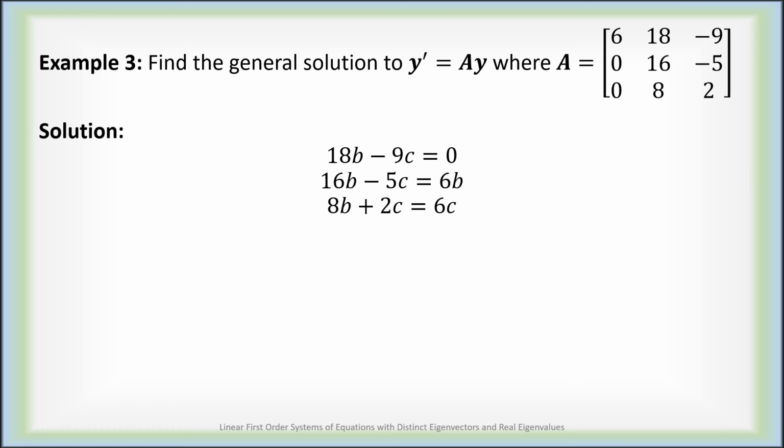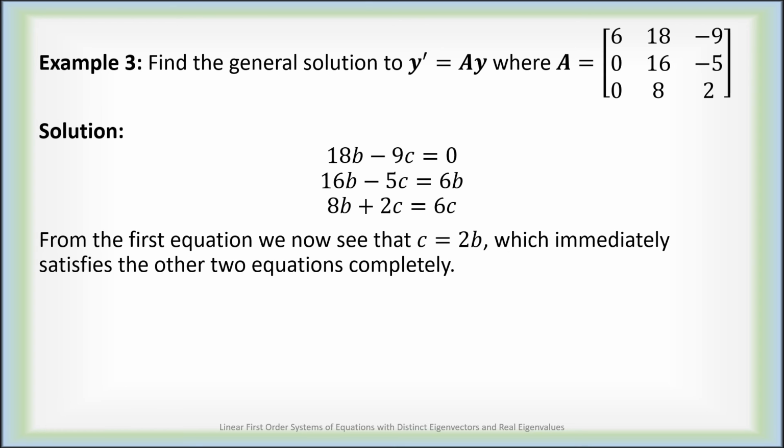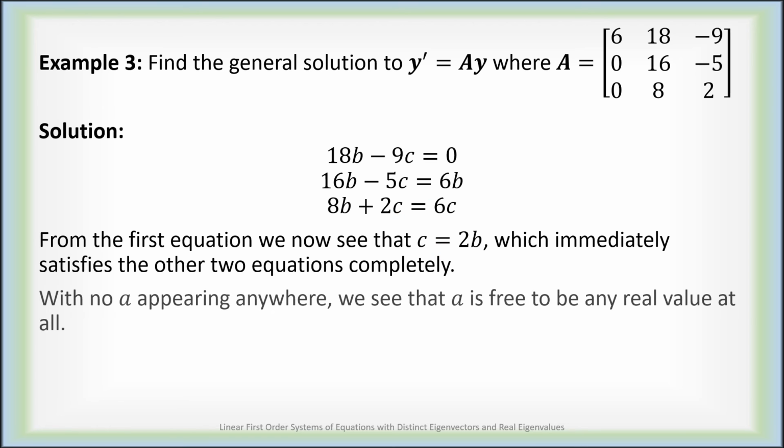Once we cancel the a's from both sides of that first equation, here are the three equations we have left. Now from the first equation, we immediately see that c must equal 2b. Once you take the knowledge that c is equal to 2b, both of the other equations are automatically satisfied as well. So the only requirement to solve all three equations simultaneously is that c is equal to 2b.